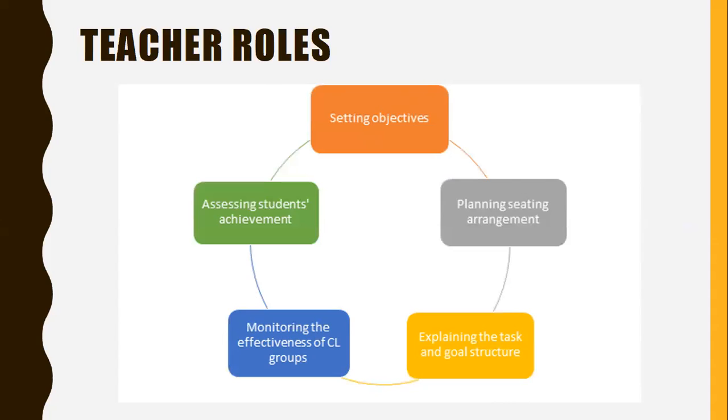You can also give a specific place inside each group for each student. You also have to assess students' achievement, monitor the effectiveness of cooperative learning groups, and explain the task and goal structure. So these are the roles of the teacher.